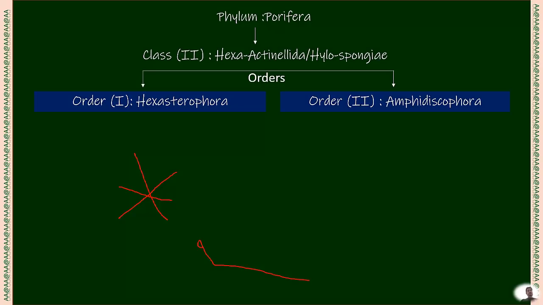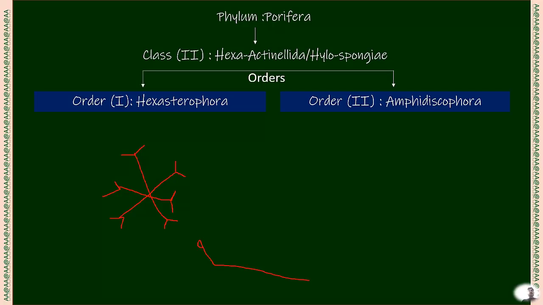So there are 6 rays, but here at the tip there are bifurcations, meaning the axis is divided into 2, like this.